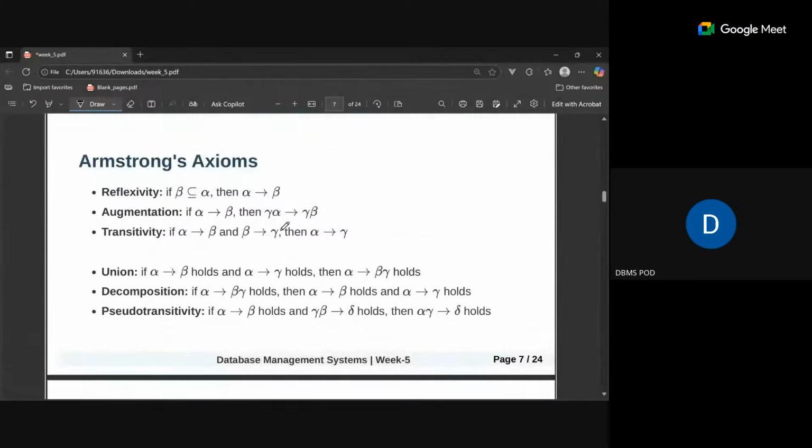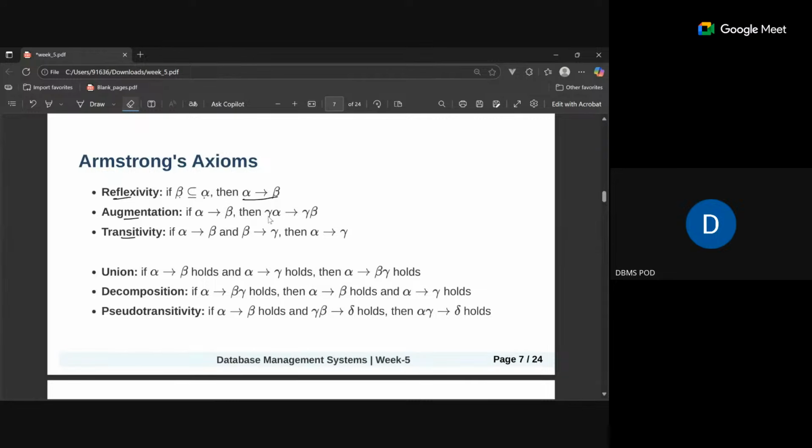Then let's come to some of the Armstrong axioms: reflexivity, augmentation, transitivity. I don't have anything to say, you just need to remember these rules. If beta is a subset of alpha, then alpha determines beta. Augmentation is nothing but adding an extra attribute on both sides.